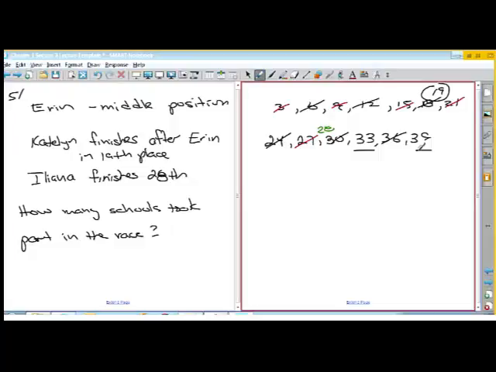Then we know that there are at least 28 runners, so we can get rid of everything less than 28 outright. That left us with 33 and 39. 33 works. 39 doesn't work because then we'd have Caitlin and Aaron at the same position, which is not what happens. She finishes after. So it's kind of a roundabout way of doing it.